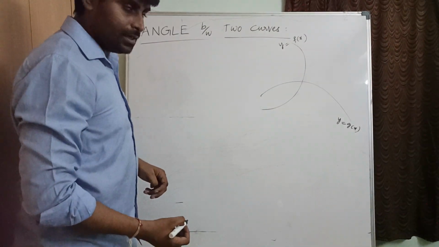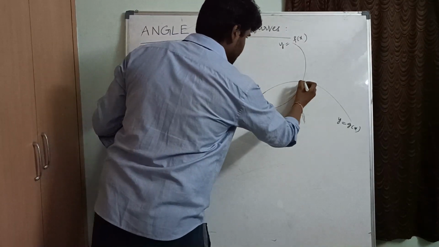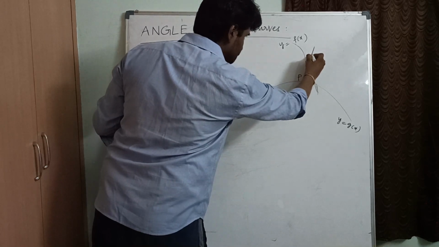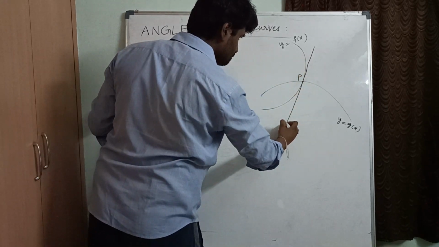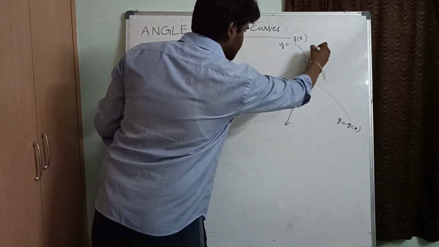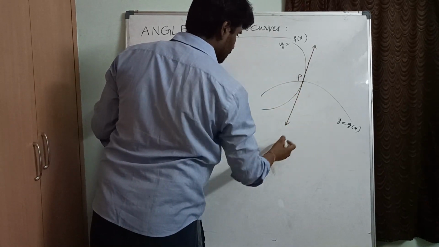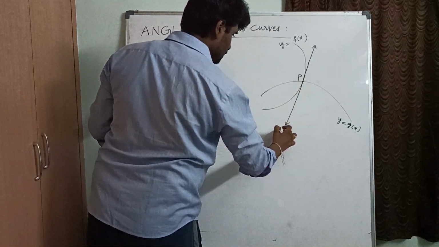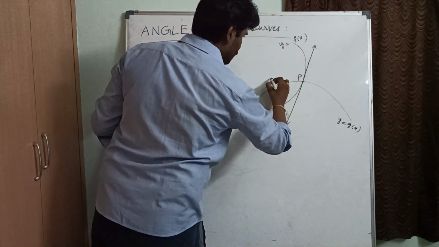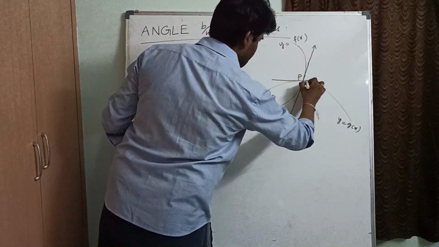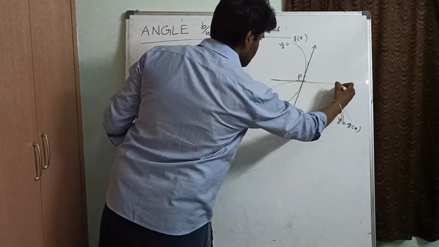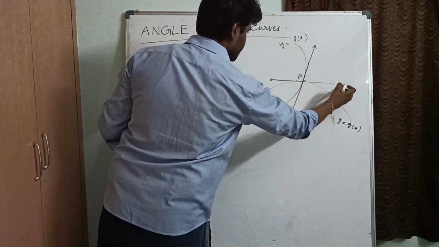Now we are going to draw tangents for those at one point of intersection, P. Let me draw one tangent. So this is one tangent, PT1, tangent 1. Now let me draw one more tangent here for the second curve. This is tangent 2.